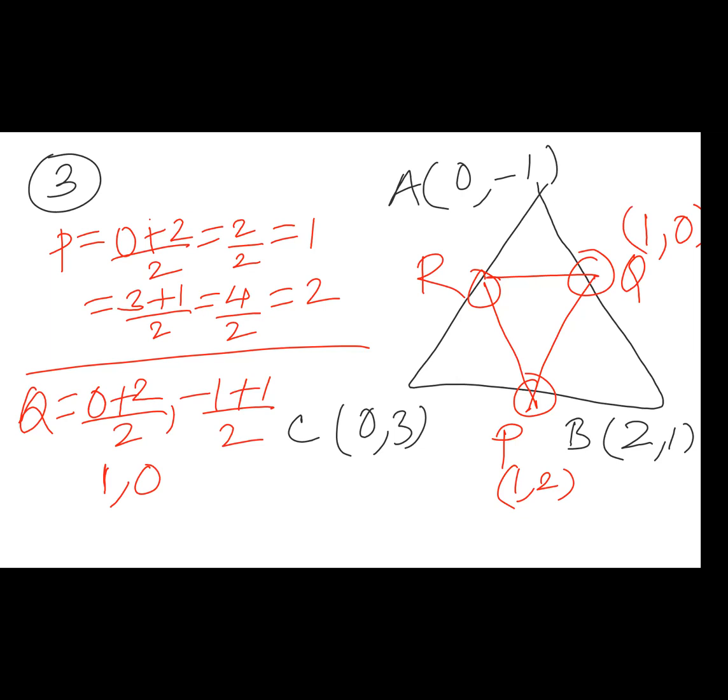The coordinate of R in the same manner: (0 plus 0) by 2, (minus 1 plus 3) by 2, so it will become 0, 1. Right? Yes, sir.